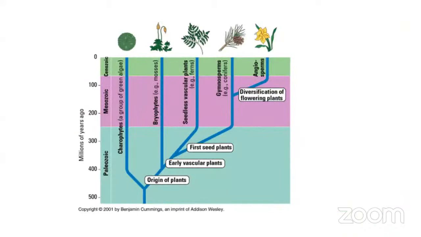The diversification of flowering plants is happening relatively recently. This is our most recent group to branch off, from a common ancestor with gymnosperms sometime about, guesstimate, 150-ish million years ago.